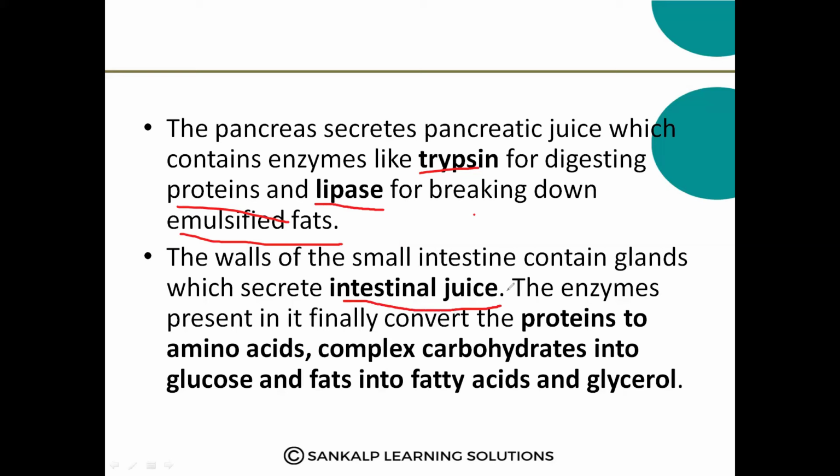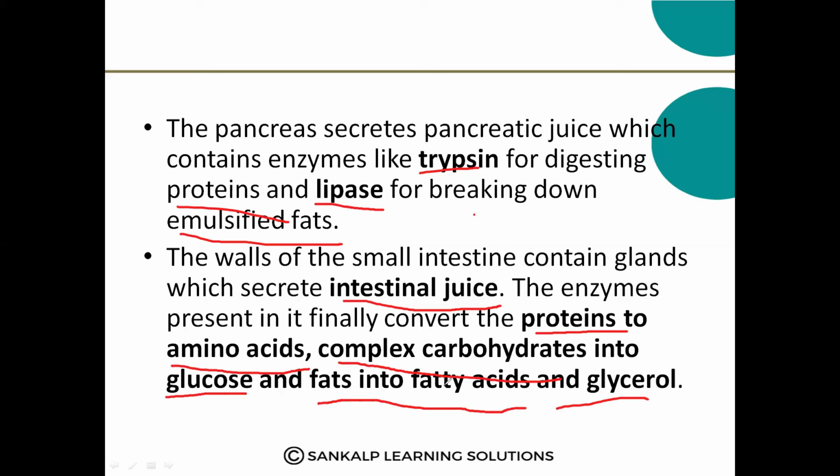This intestinal juice contains enzymes that help in the final conversion: proteins are finally converted to amino acids, the simple form of protein; complex carbohydrates convert into glucose, the simple form of carbohydrate; and fats convert into fatty acids and glycerol. This happens by the help of some enzymes present in the intestinal juice. So these are the simple forms of the protein, carbohydrates and fats.